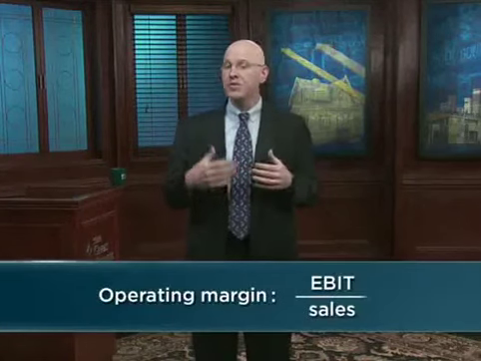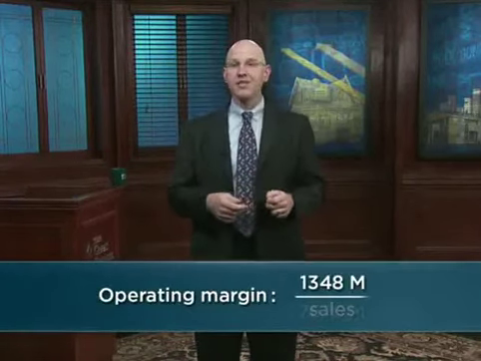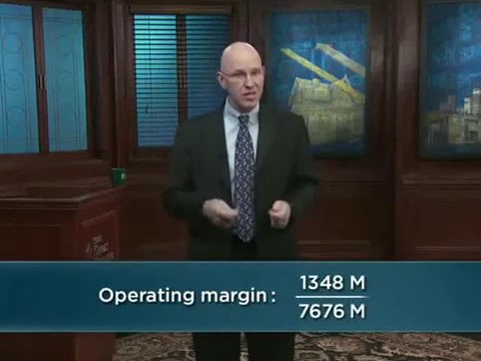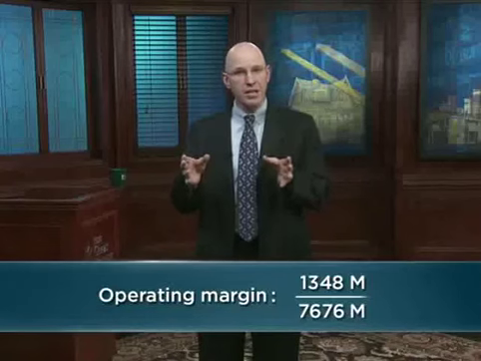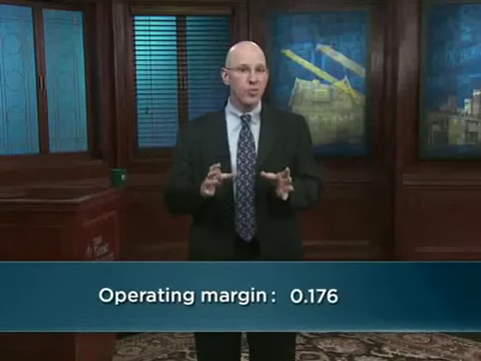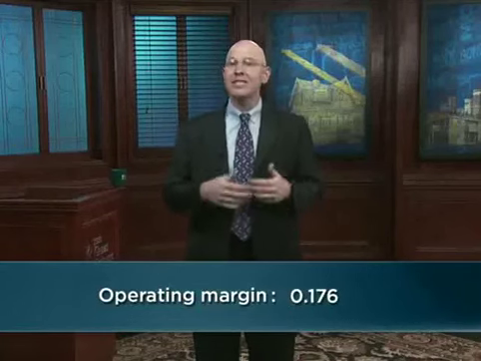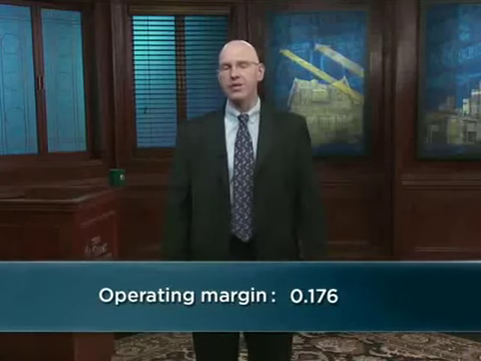Campbell's EBIT, which we've seen before, is $1,348 million. Its sales are $7,676 million, so the operating margin is $1,348 divided by $7,676, which gives 0.176. That means that 17.6 cents of every dollar of sales is operating profit.